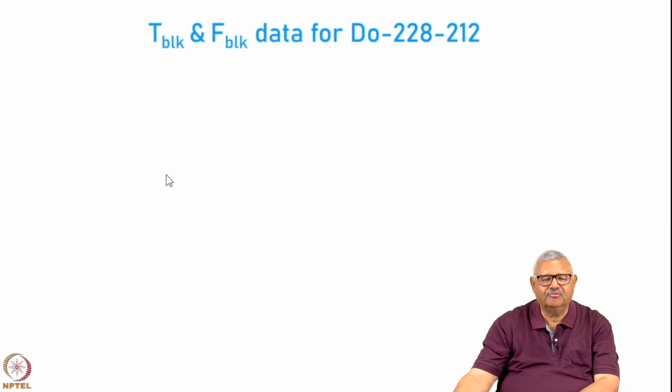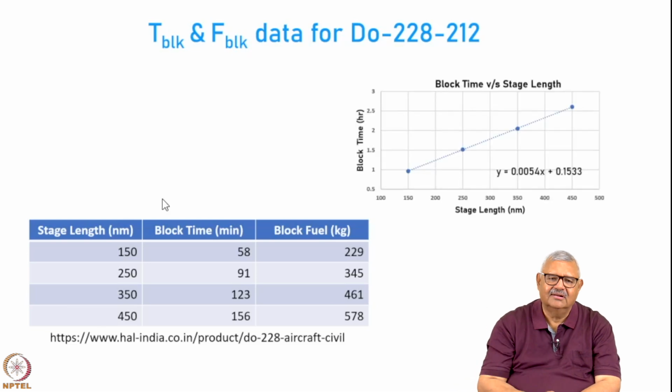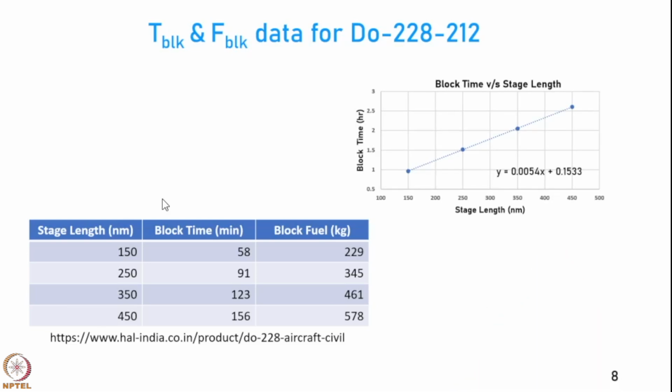So, the block time and the block fuel data has been taken from this website for Dornier 228. Information is available for 4 stage lengths, how much time it takes in minutes and how much fuel is consumed in kgs for these 4 stage lengths. This information was plotted, it is a straight line, so that can give you an equation and from that equation you can say that the block time in hours is a function of stage length and there is a constant term.